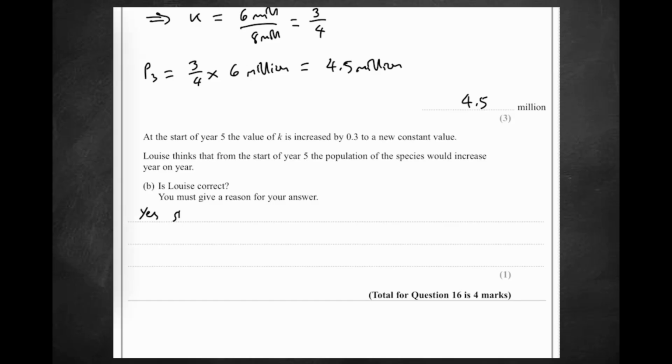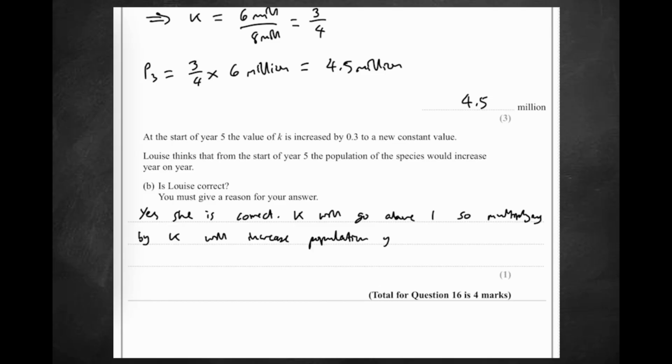Yes, she is correct. K will go above 1, so multiplying by K will increase the population year on year.